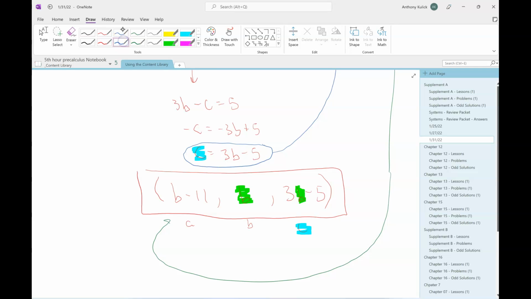Keep in mind that there's three different versions depending on what you chose to eliminate first and which variable you chose to get by itself. Your answer could be in terms of all A's or all C's also. There's three different versions, whether you answered it in terms of A, B, or C. On a test or a quiz or whatever, I would not care which one you did. I'd accept any of the three versions.